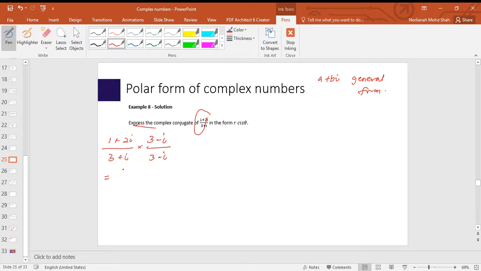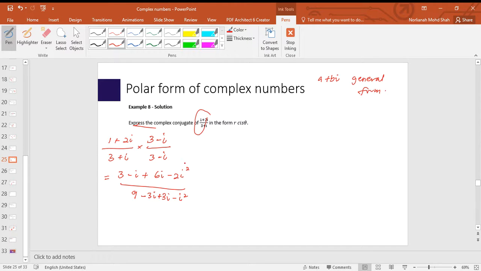Then we will have 3 minus i plus 6i minus 2i square over 9 minus 3i plus 3i minus i square.